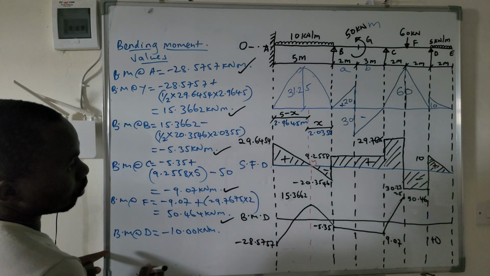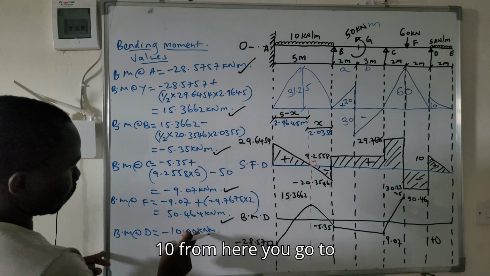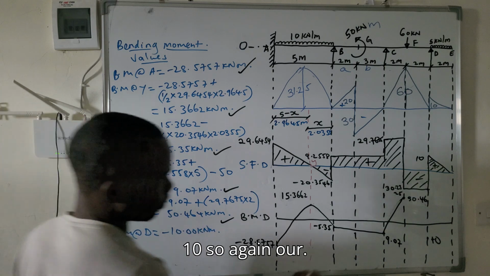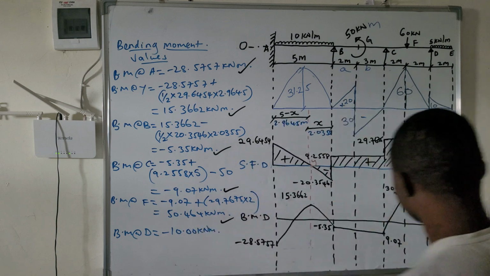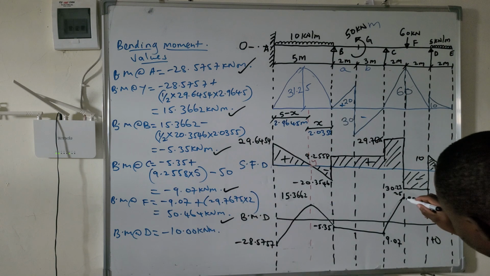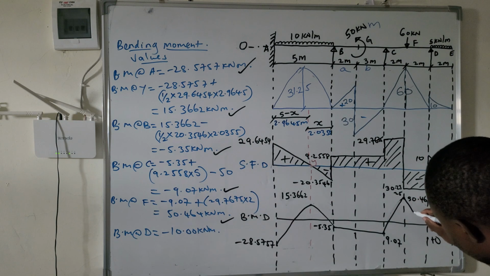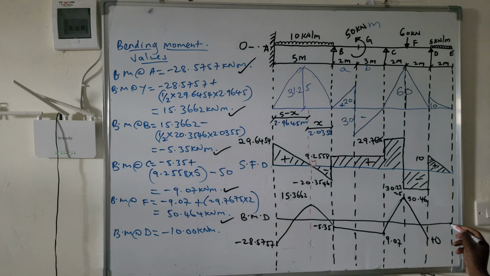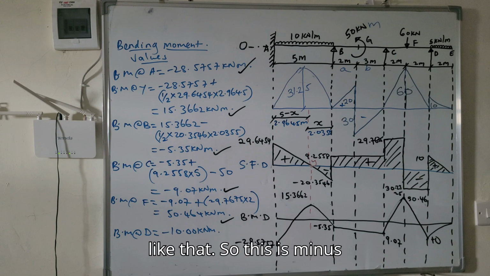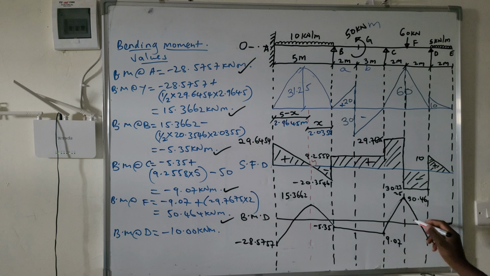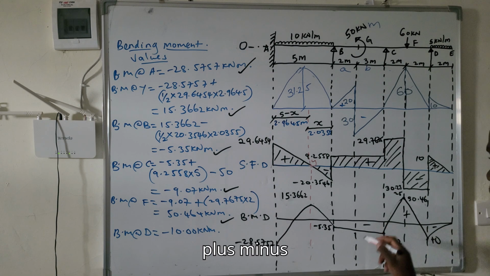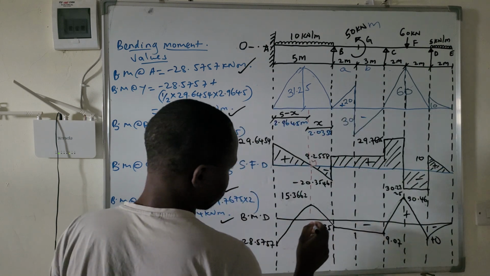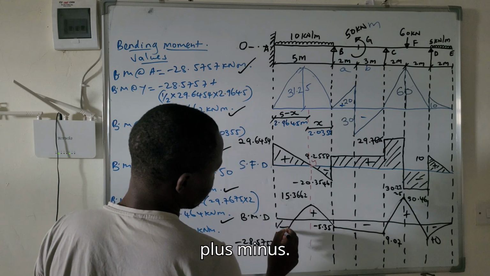And then we have 10. From here you go to 10. It's again a diagonal line. And then from 10 you go to 0. This one is a curve. Like that. So this is minus, plus, minus, plus, minus.